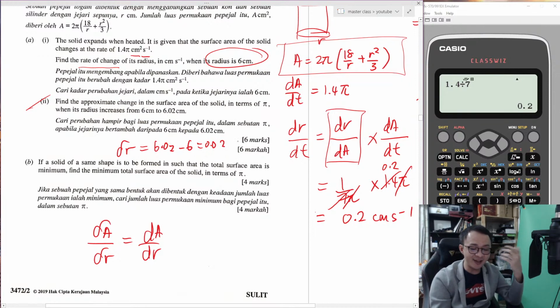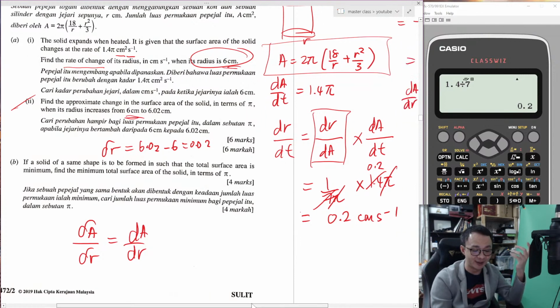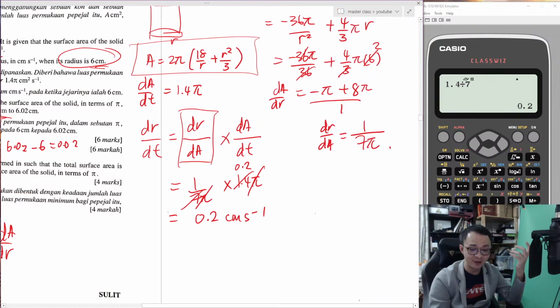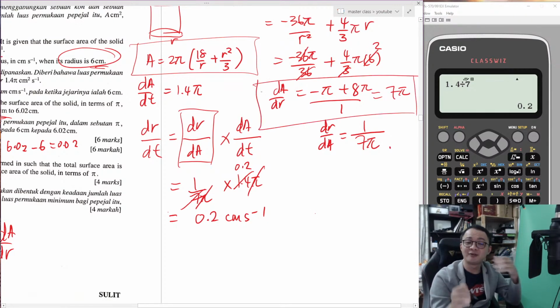Alright, then dA/dr we have also. Yeah, it's over there. Since it is the same 6 value, I can use back the previous value before I flip, which is 7 pi here, isn't it? Because right now they want dA/dr, not dr/dA. So we just take the 7 pi.